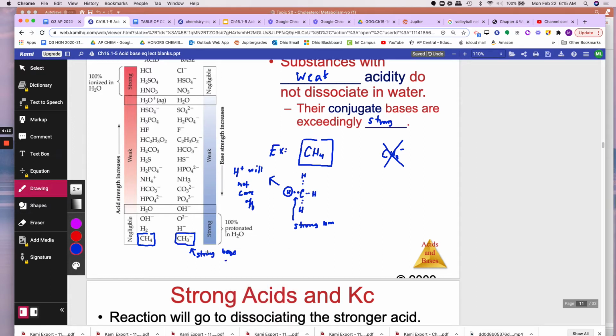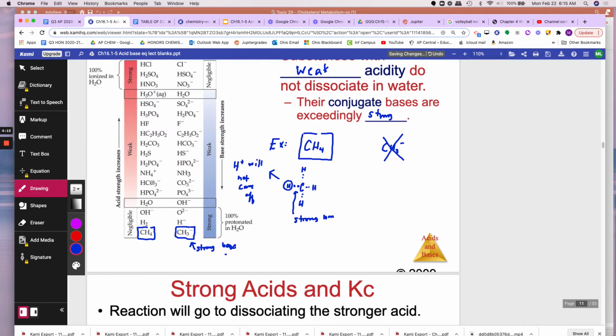Okay, so if you have these substances in water, they will compete. Here is H2O. Every substance above H2O is a stronger acid than H2O. Every substance underneath it is a weaker acid than H2O. So if you mix these with H2O, they will win as acids.